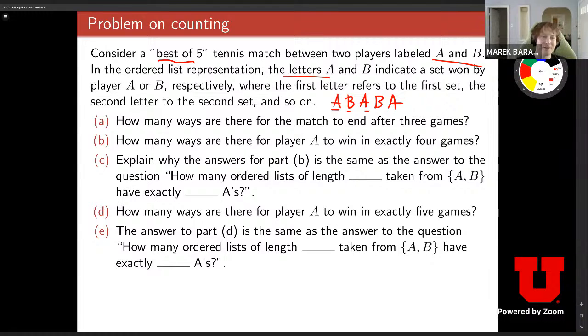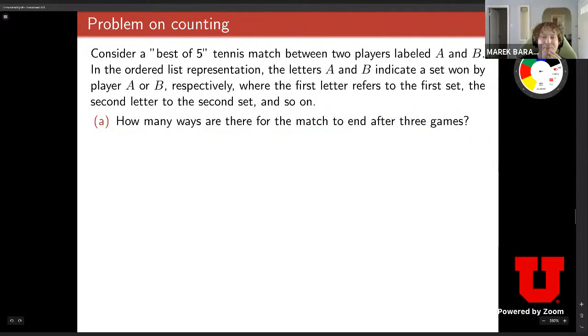Yeah, so the first one says, how many ways are there for the match to end after 3 games? So we're looking for this list right here, right? And if we look up here, best of 5 means A or B won greater than or equal to 3 sets, right?